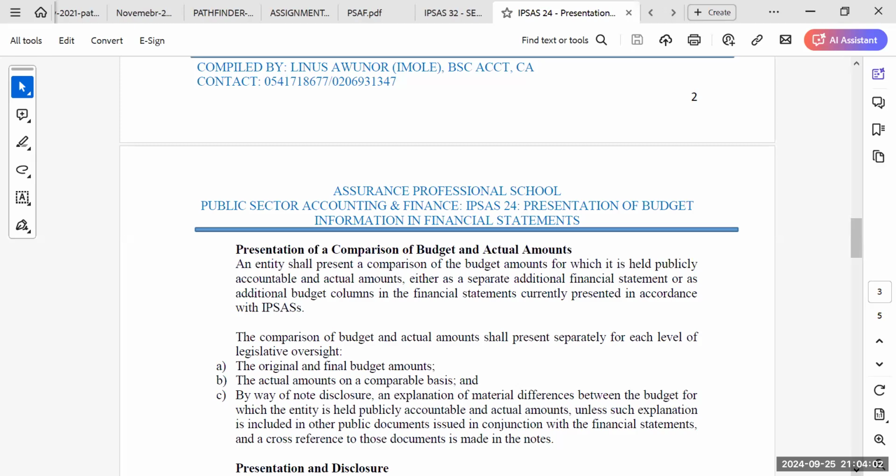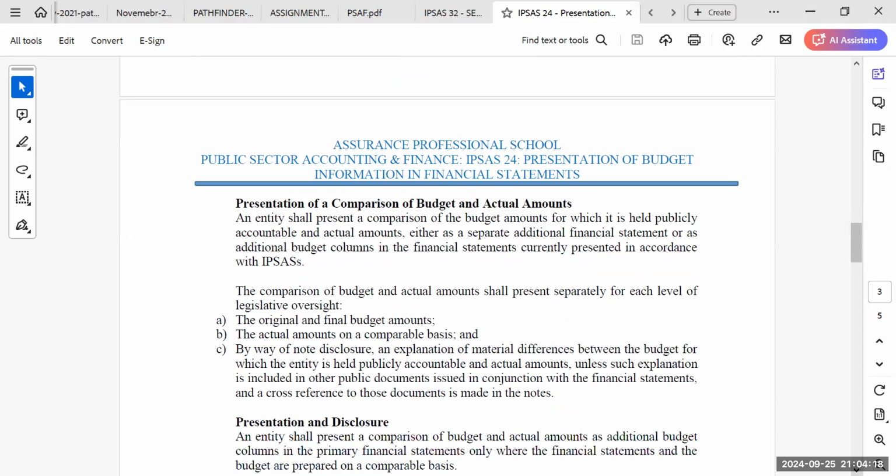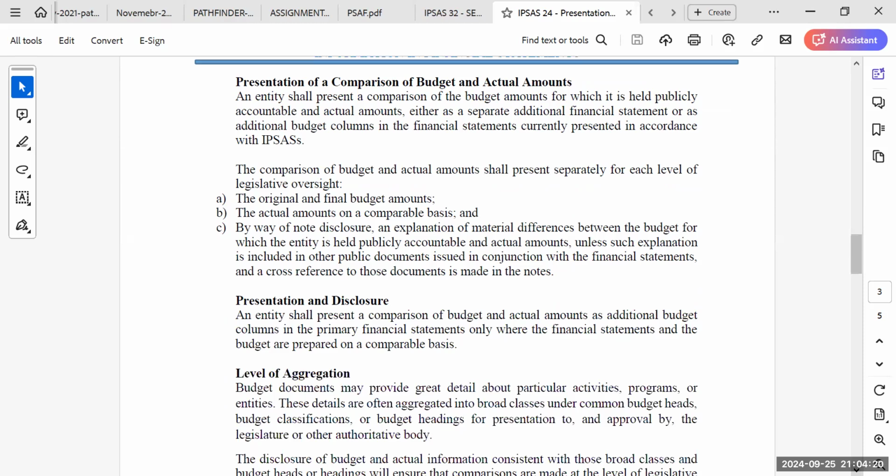That is a presentation of a comparison between the budget and the actual amount. So you prepare a budget statement to show certain variances that are occurring within that particular year. So sometimes we do that for final accounts.